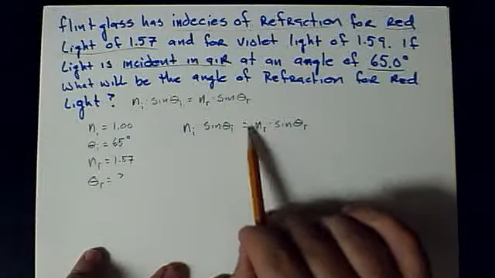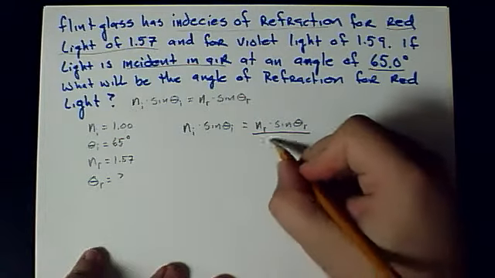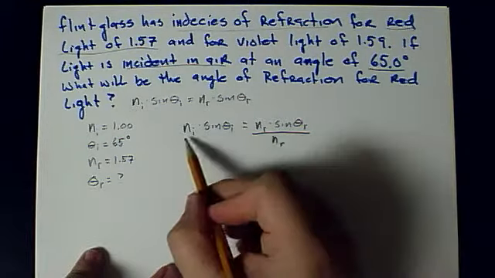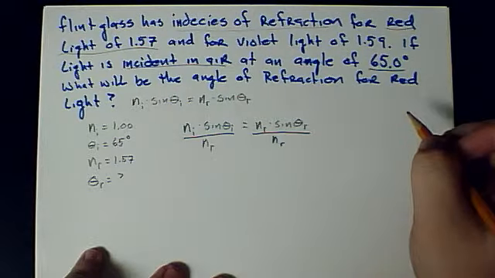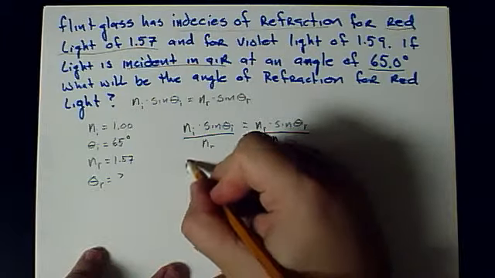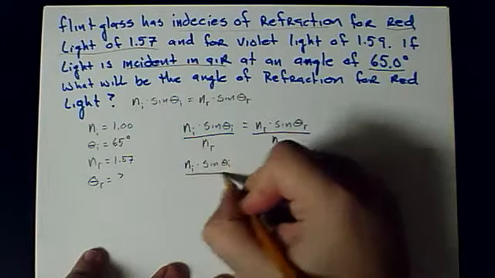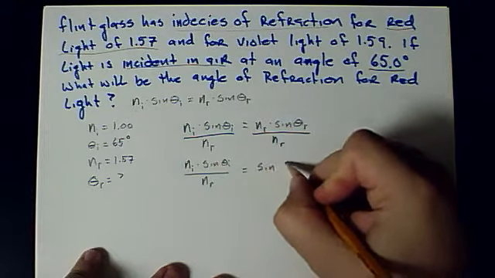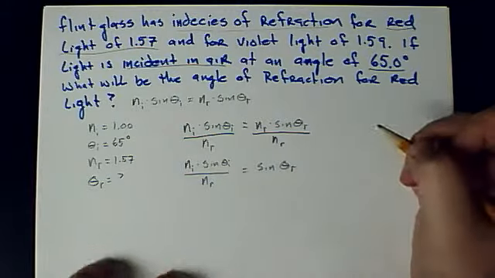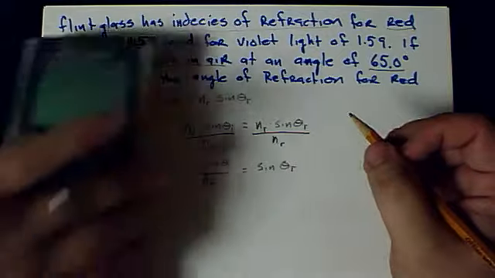So I'm going to move my Nr to this side. It's being multiplied, so I'm going to divide by Nr. So I divide both sides by Nr. Okay? So that gives me Ni times the sine of theta i divided by Nr equals the sine of theta r.